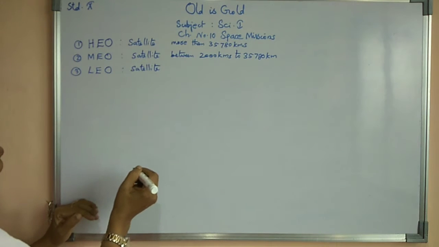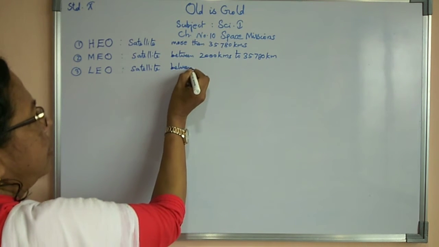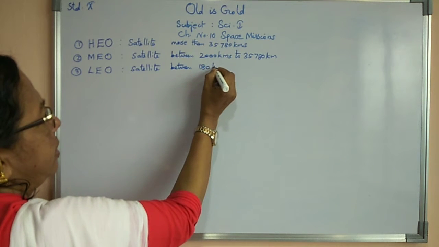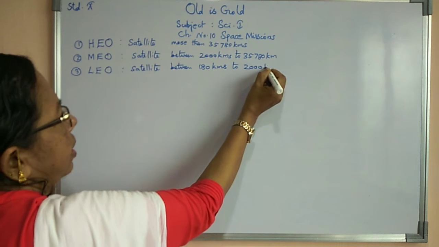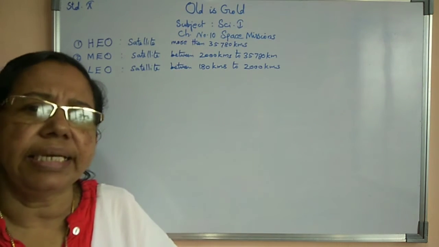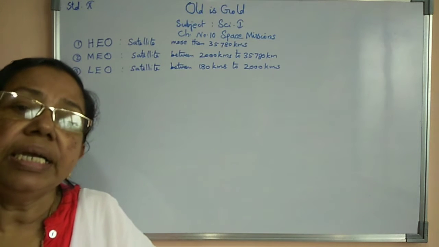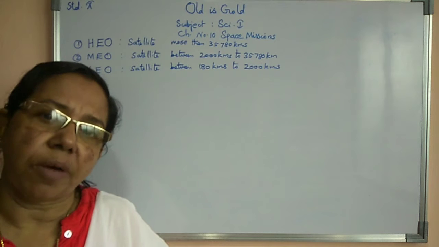And low Earth orbit height will be between 180 kilometers from the surface of the Earth to 2000 kilometers. So, seeing this we can understand how different types of satellites are fixed at different heights on different orbits.